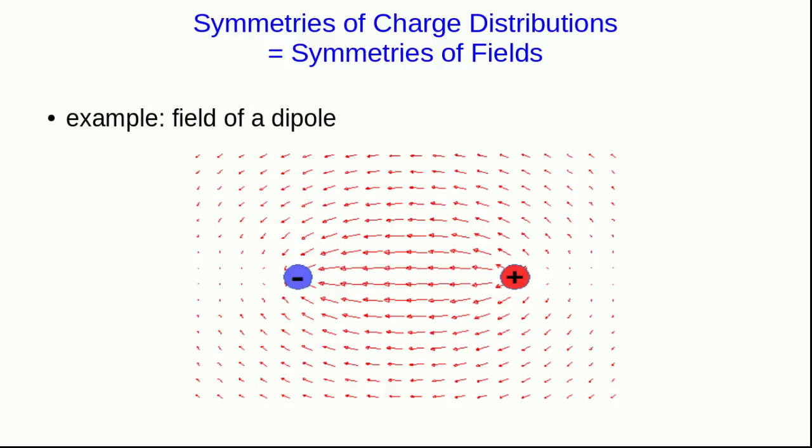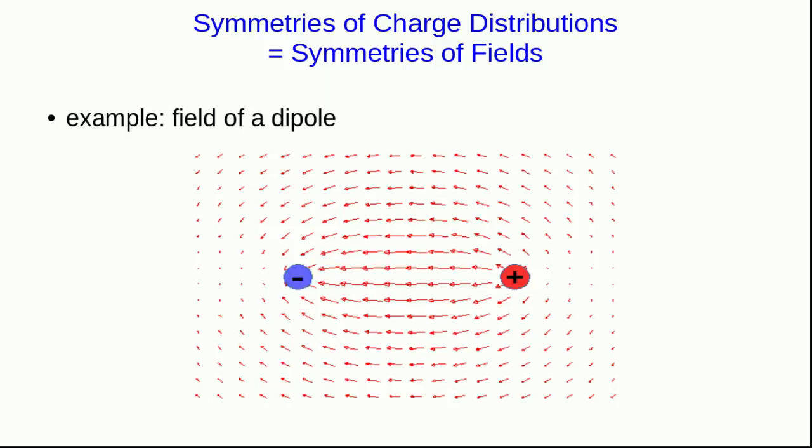After all, if you don't move the charges, the field that they produce won't change. On the other hand, any geometric operation that does change the configuration of the charges must also change the field, just like moving the charges would change the field. Well, this tells us that whatever the symmetries are of the charge distribution, the field that that charge distribution produces must have exactly the same symmetry.